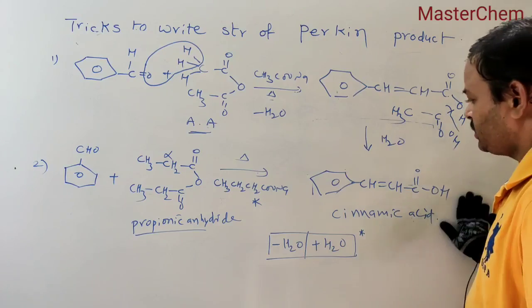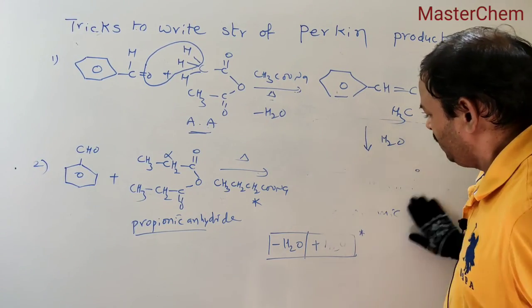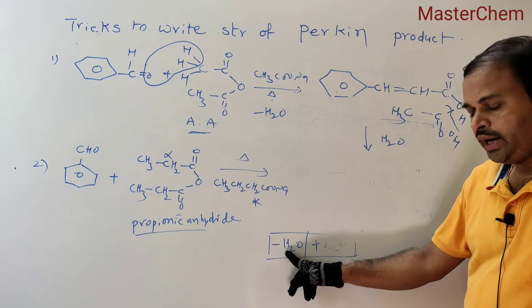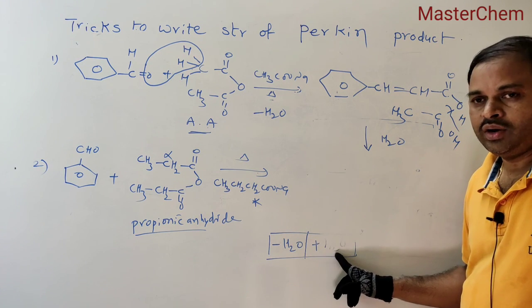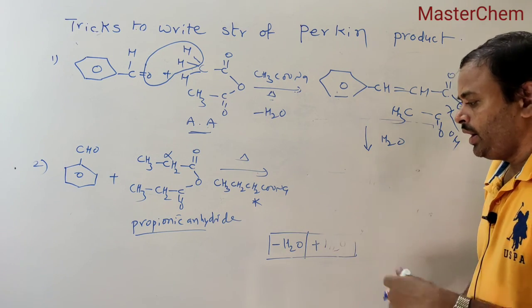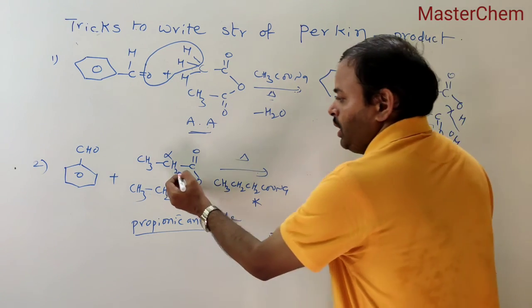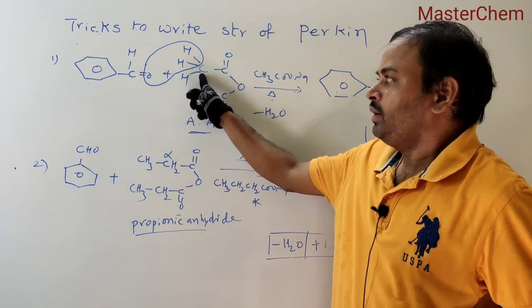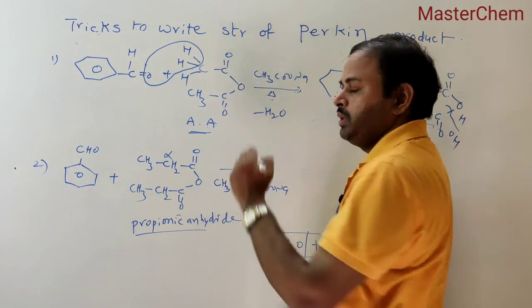Now how to write the product? Same rule, minus H2O. First dehydrate it and then hydrolyze. Here it must be the alpha carbon only, not the terminal carbon.